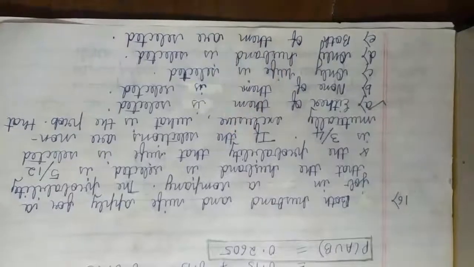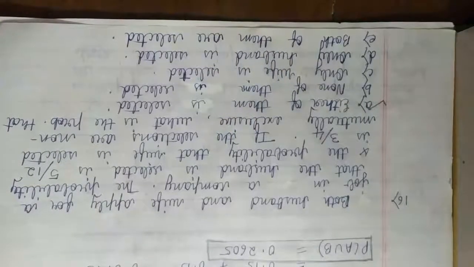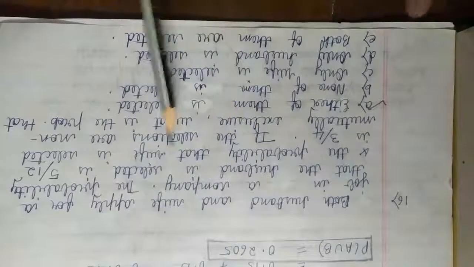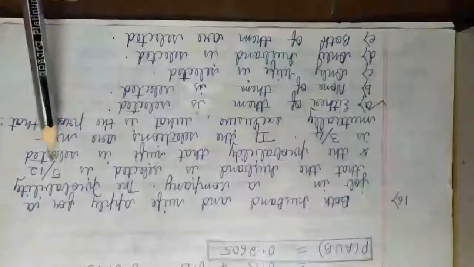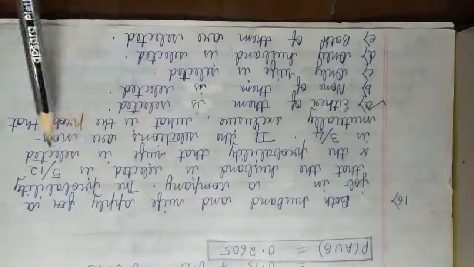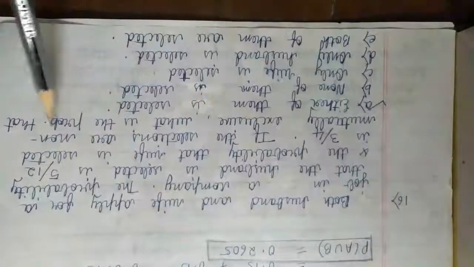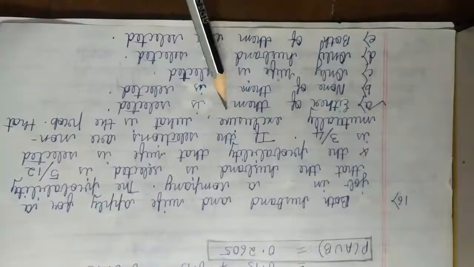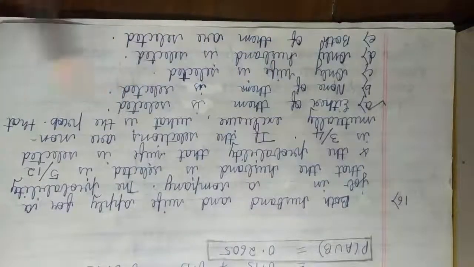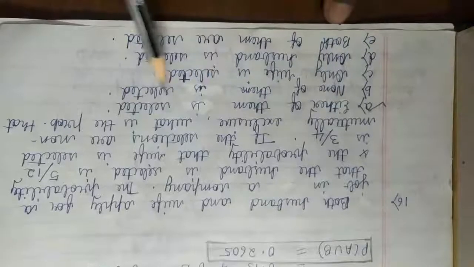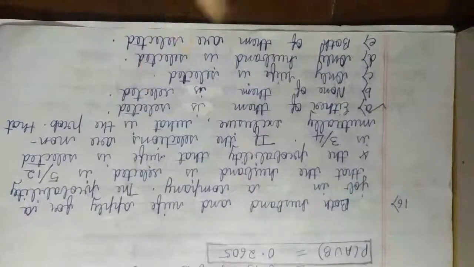Both husband and wife apply for a job in a company. The probability that the husband is selected is 5 upon 12, and the probability that the wife is selected is 3 upon 4. If the selections are non-mutually exclusive, they are directly given. What is the probability that either of them is selected?